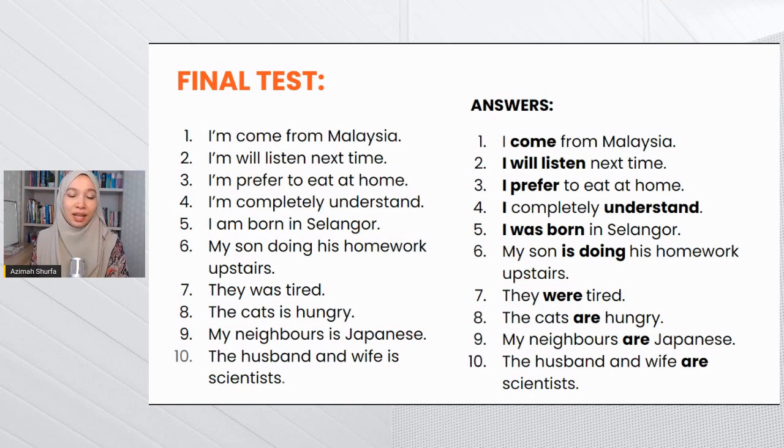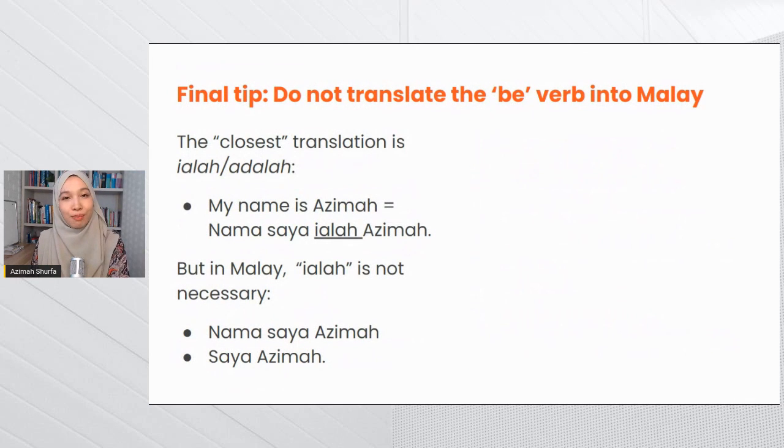And I want to give you a final tip, which is do not translate the be verb into Malay. The closest translation is ialah or adalah, right? For example, my name is Azimah, nama saya ialah Azimah, right? But in Malay, ialah is not necessary when you say nama saya Azimah.